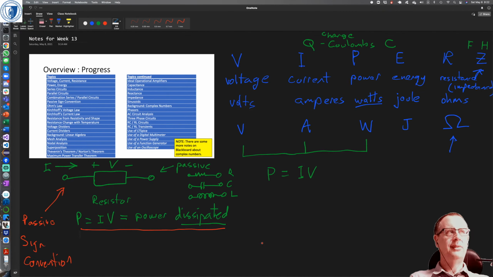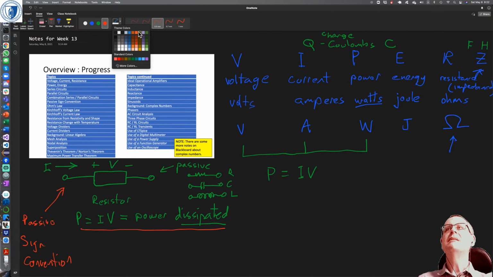If the device doesn't satisfy the passive sign convention, either the current's going the other way, or the plus and the minus on the V are swapped, then the power you get from multiplying the current and the voltage is the power generated or the power provided. Okay, so you've got to be sure about the passive sign convention.